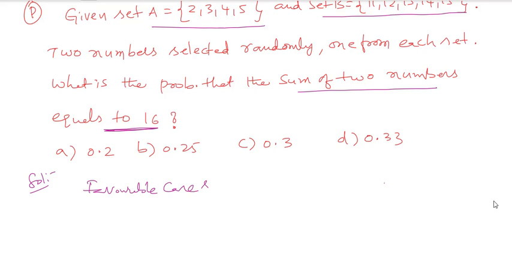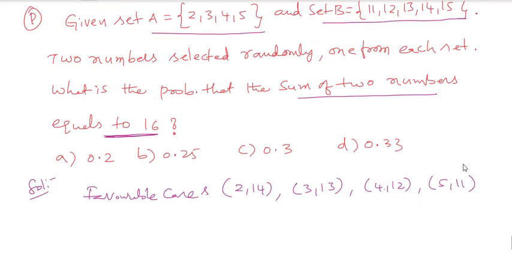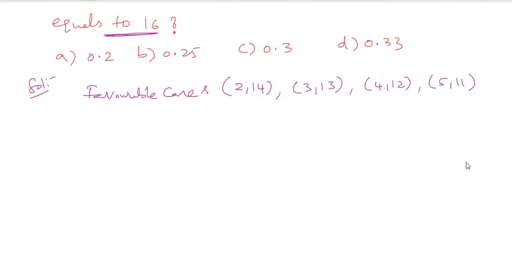Sum must be 16, so I can take 2, 14, then 3, 13, then 4, 12, then 5, 11. Am I right or not? Is there any other possible case? No. Sum must be 16. These are the favorable cases.